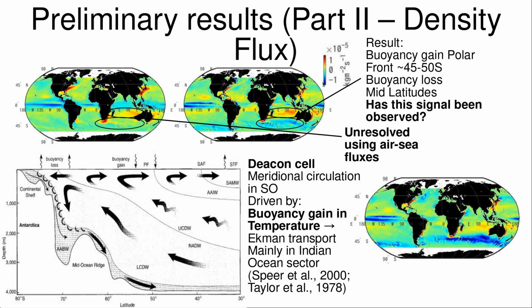And this northward transport causes the upper circumpolar deep water to upwell, and this is mainly seen in the Indian Ocean sector of the Southern Ocean, which is exactly what you can see by the ellipses which enclose the areas of underestimation and overestimation shown by the mid-latitudes downwelling of water to complete the cell. However, this is completely unresolved with the air-sea fluxes, which are normally caused, as I mentioned, by high wind speeds that exist around the Southern Ocean.